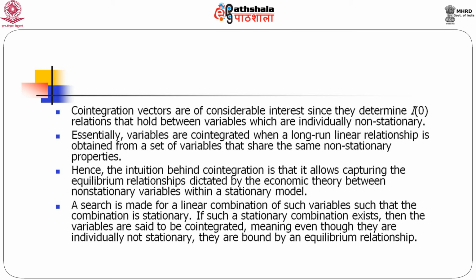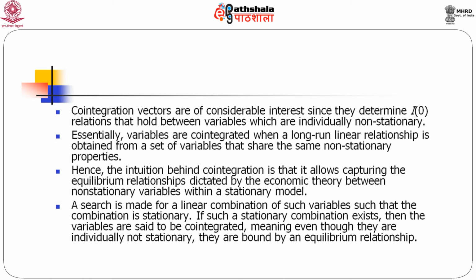So, the basic idea behind the use of the co-integrating relationship is that it helps to find out the long run relationship in the model. Now, a search is made for a linear combination of such variables such that the combination is stationary, and if such a stationary combination exists, then the variables are said to be co-integrated, meaning that even though they are individually not stationary, there is bound to be an equilibrium relationship.